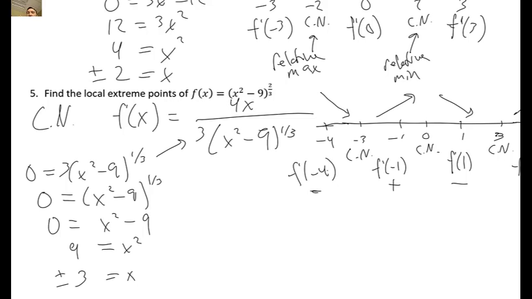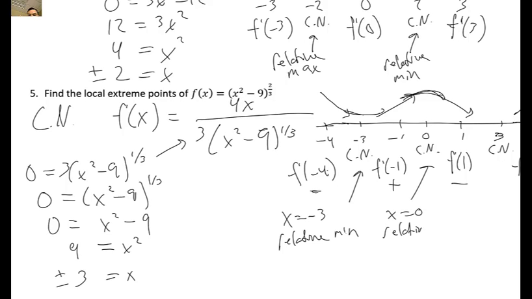So not how high it's going up, not the y values, I don't know any points, but I do know that it's bottoming out here at x equals -3, so a relative min, tops out at 0. So x equals 0 is where there's a relative max.